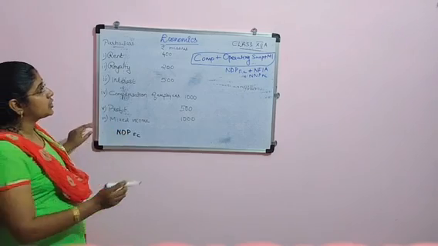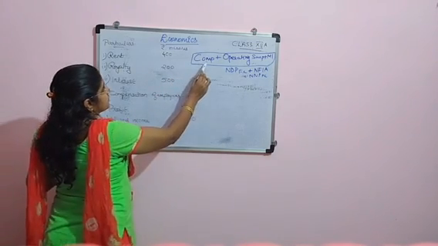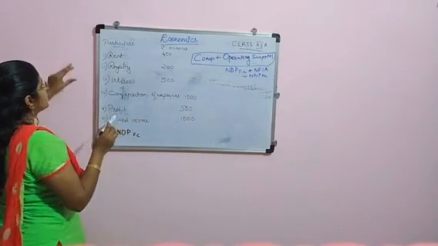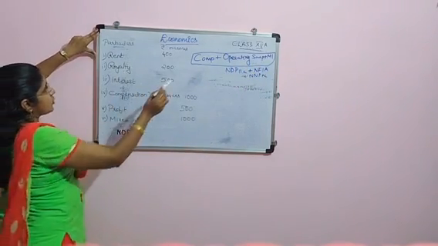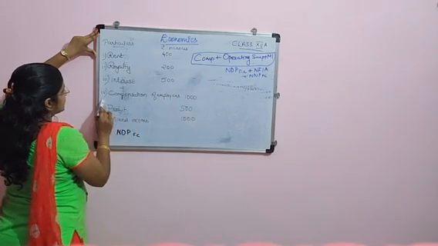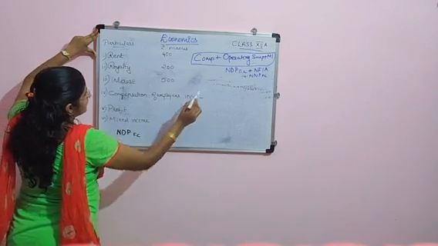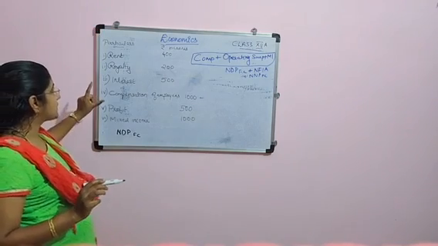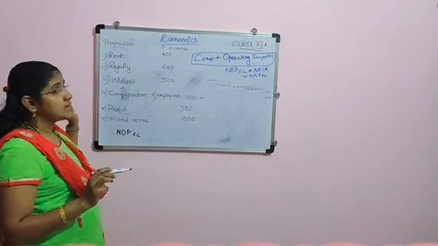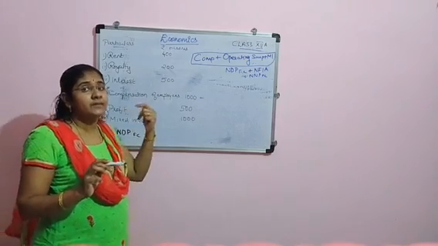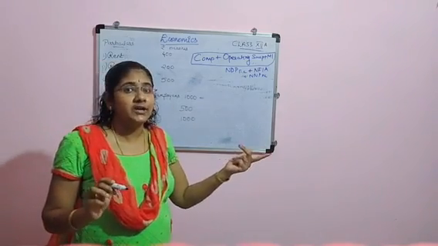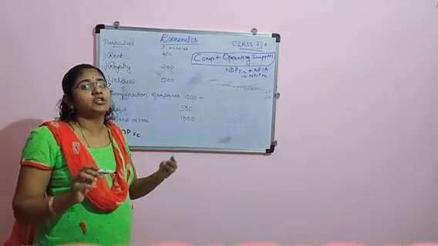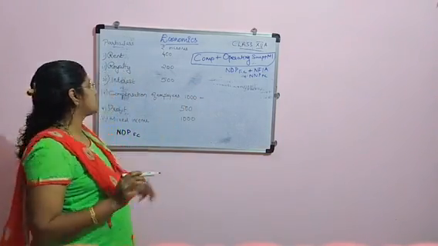NDPFC, already I told you, means compensation of employees, operating surplus, and mixed income. Compensation of employees is given here as 1000. Operating surplus, I already told you, has the subdivisions rent and royalty, interest, and profit.